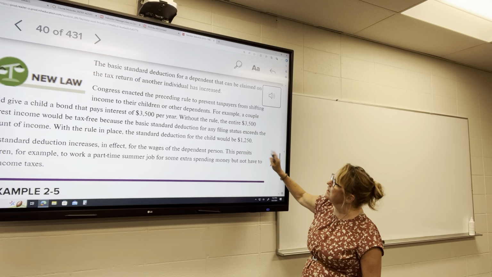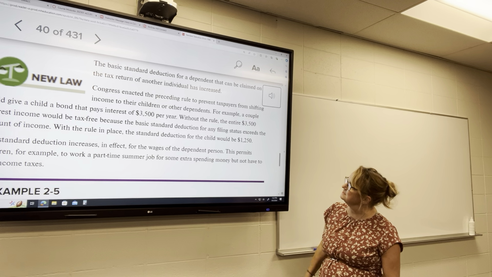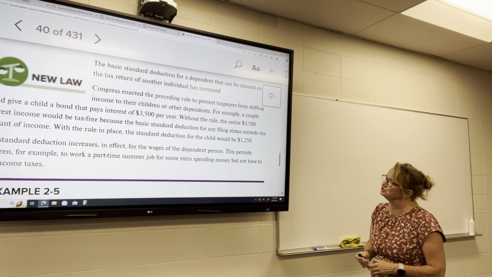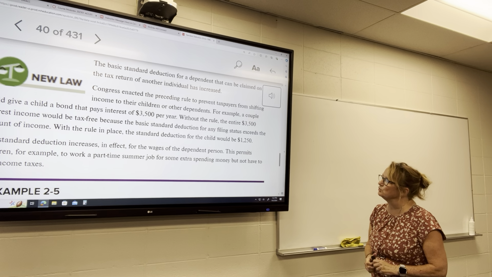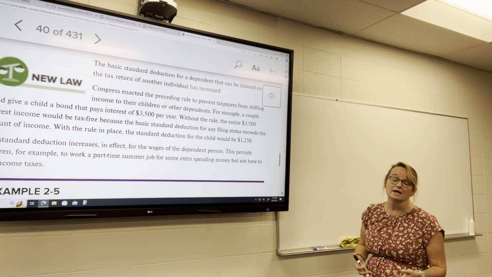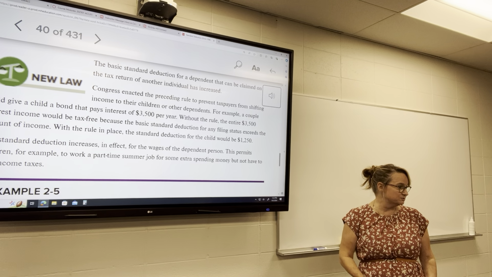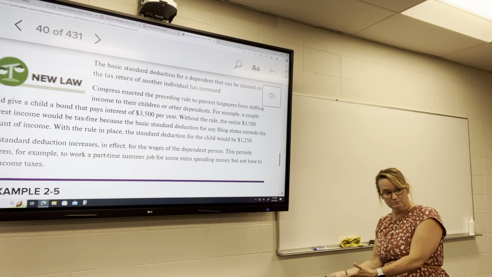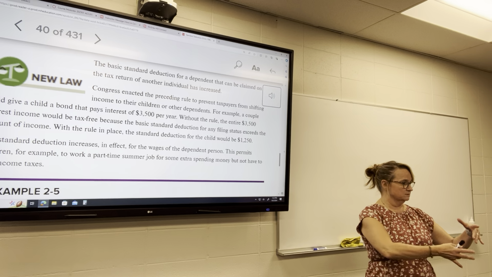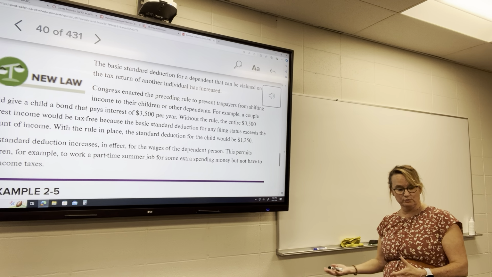Also, Congress has enacted this rule to prevent taxpayers from shifting income to their children or to other dependents to avoid paying taxes at a higher tax rate, because children are probably at a lower tax rate. If you can shift some of your income to them, they're at the 12% tax bracket, you're at the 24%, you're going to save 12% in taxes on that.